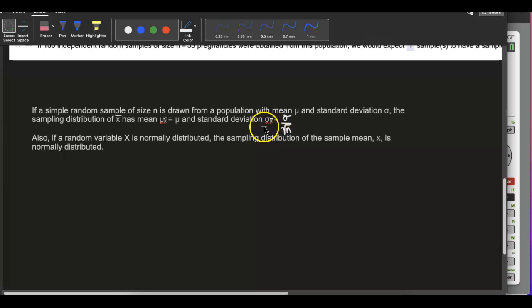So the standard deviation of this sampling distribution of x bar is going to be sigma, the standard deviation of the population, divided by the square root of n, the sample size. And also noted here is that if x is normally distributed, then the sampling distribution of the sample mean, and that should say x bar right there, is also normally distributed.